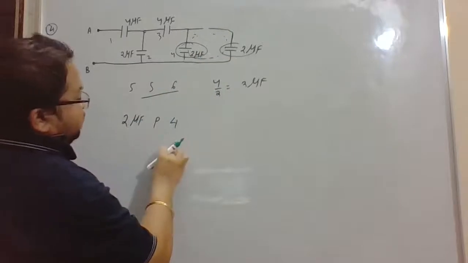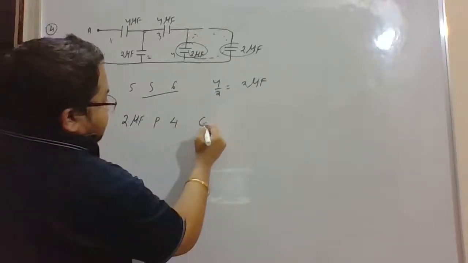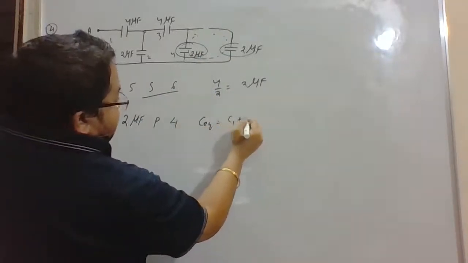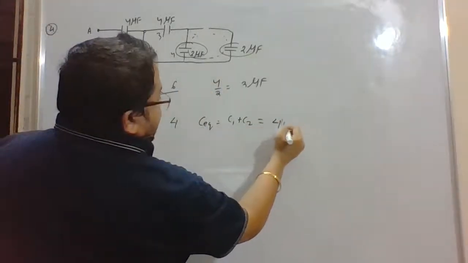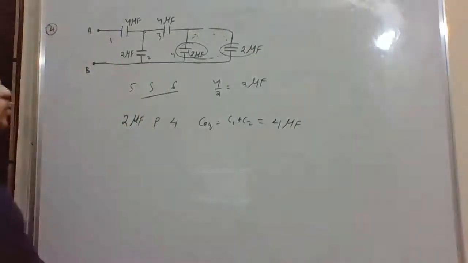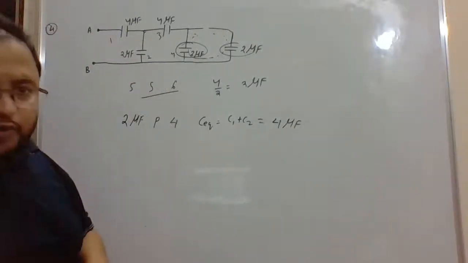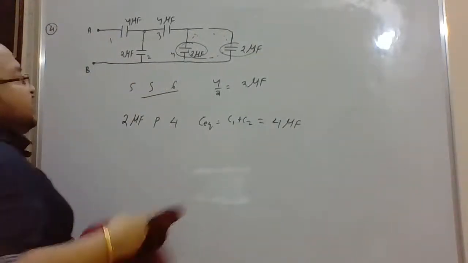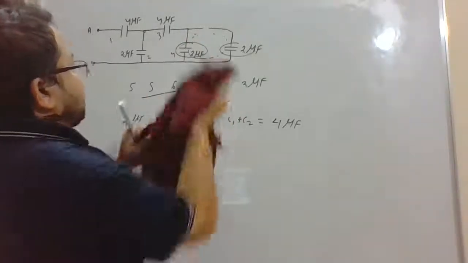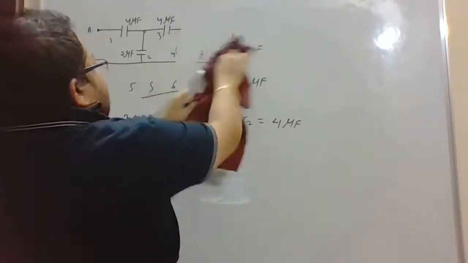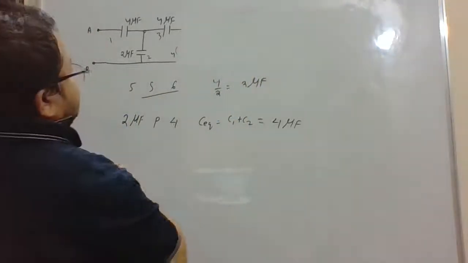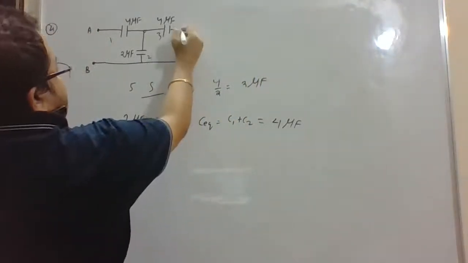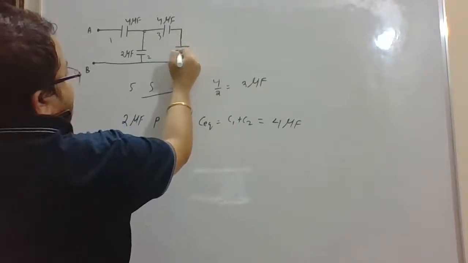So the equivalent capacitance would be C1 plus C2, that is 2 plus 2, that is 4 microfarad. Now, if the equivalent capacitance is 4 microfarad, I can erase both of them, and in their place, I can just put their equivalent capacitance, that is 4 microfarad, right? So here it will become 4 microfarad.